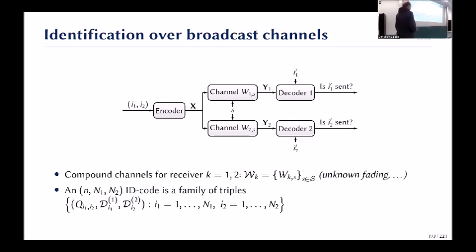Perhaps the compound channel for receiver 1 and 2, we have W1 and W2, perhaps unknown because of fading or other situations. And then, of course, an (N, 1, 2) ID code is a family of such triples here. So we need, again, randomized encoding. And we have here the decoding sets for decoder 1, and here's the decoding set for decoder 2.